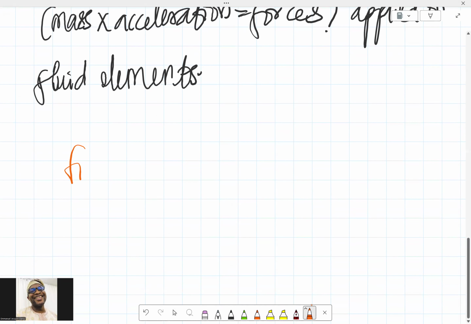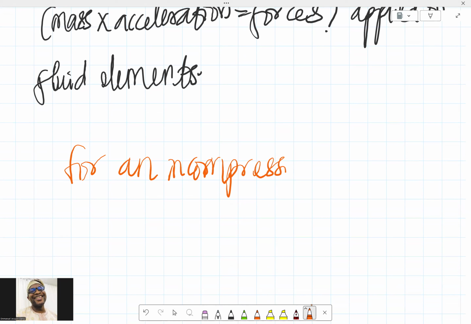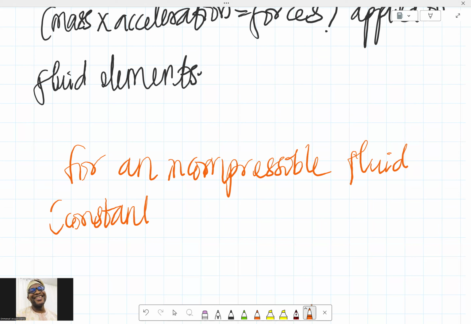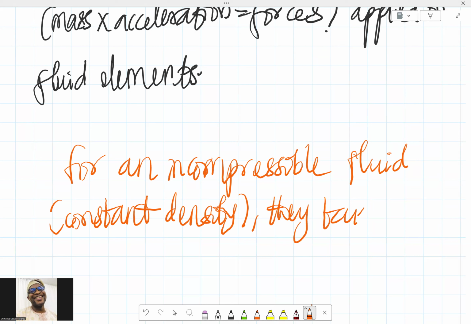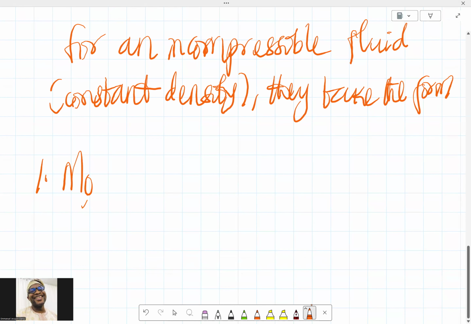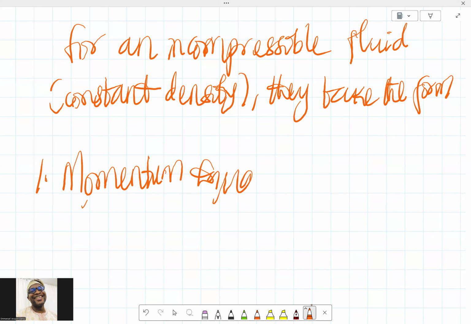Okay. Now, for an incompressible fluid, meaning that we have constant density, they take the form: one, we have the momentum equation, in vector form.